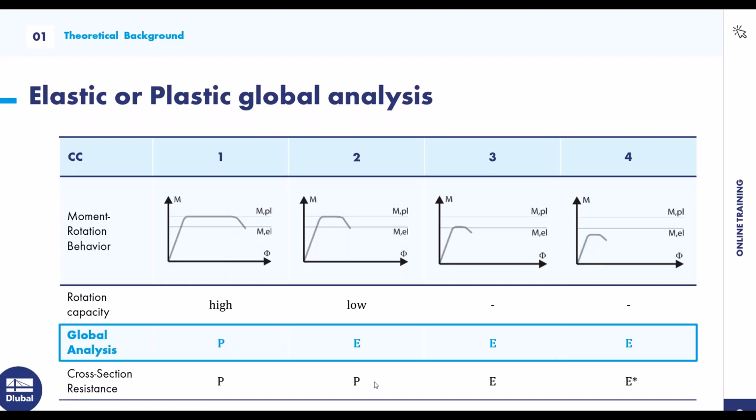But we said we would like to consider an elastic cross-section resistance. And the elastic cross-section resistance, well, you can apply it for all cross-section classes. That's what we did in the second step.